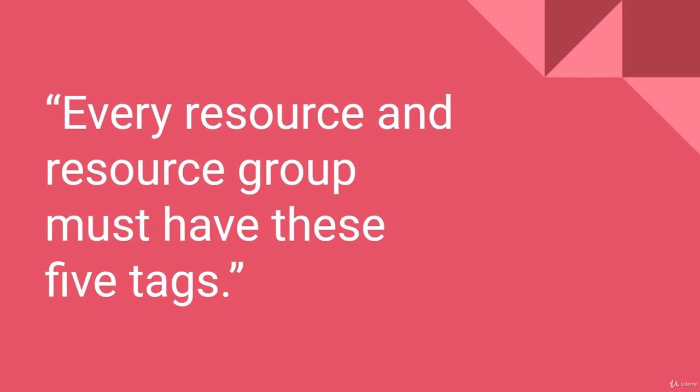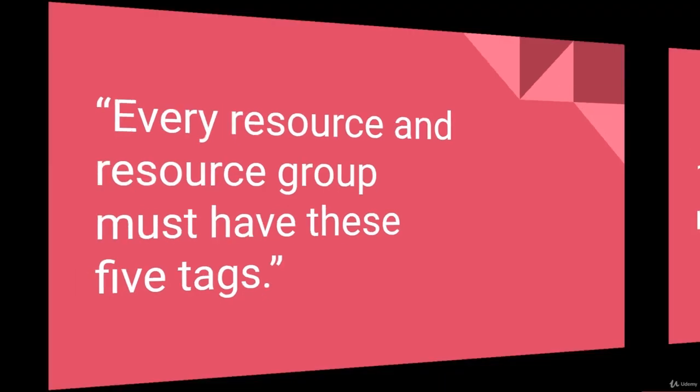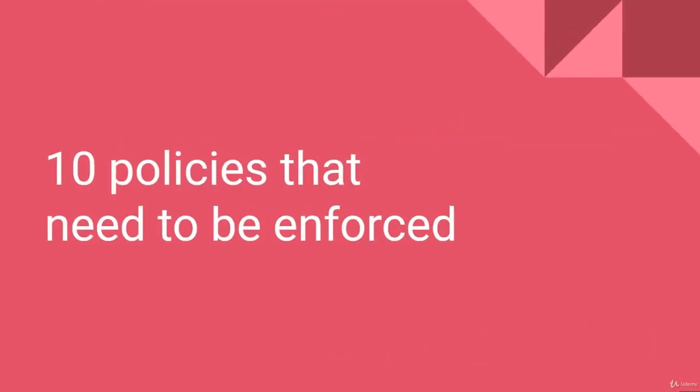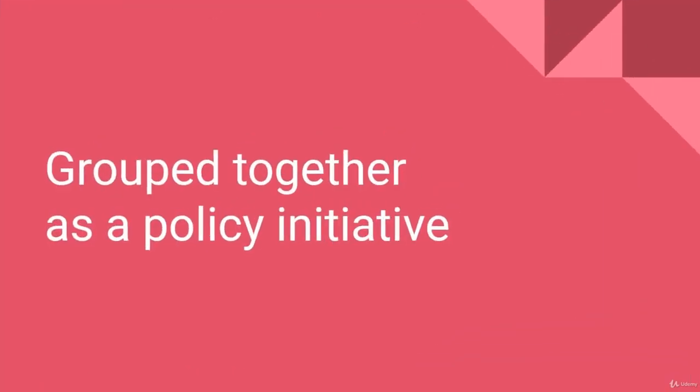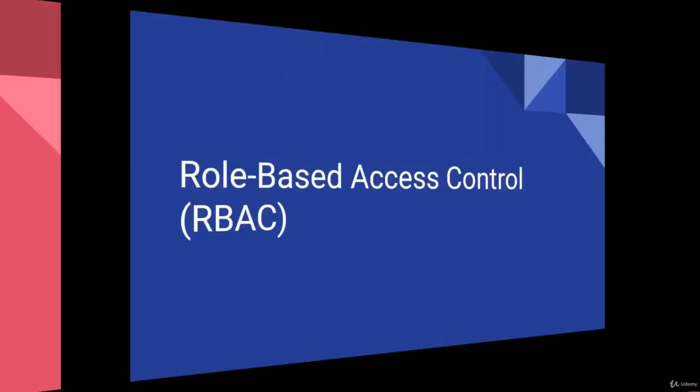Instead of having to assign 4 policies for that, and then every resource group also needs the policies, so that could be 4 and 2, it's 8 sets of policies, then you can basically group them together. So in this case, instead of having 10 policies, you have a single policy initiative. All resources must have these 5 tags, and those are a group of policies that act together.